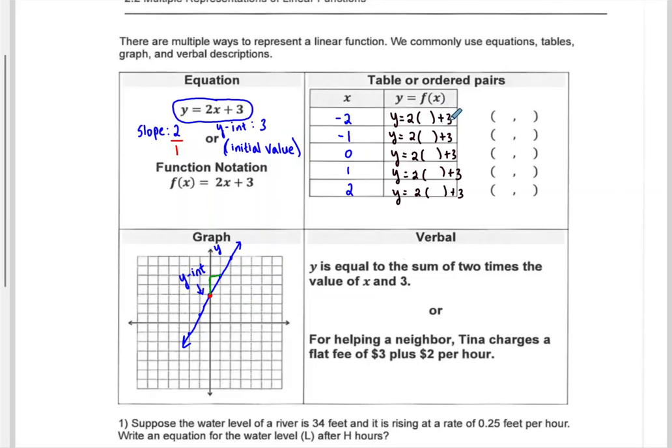You can think of it as a skeleton where we're trying to look for our y values on this side. And to get all of our y values, we can keep changing the x to whatever we have for x. So in this case, our x is -2. So that would end up being -2 times 2 is -4. -4 plus 3 is -1. Okay, let me go ahead and bring up Desmos and show you.